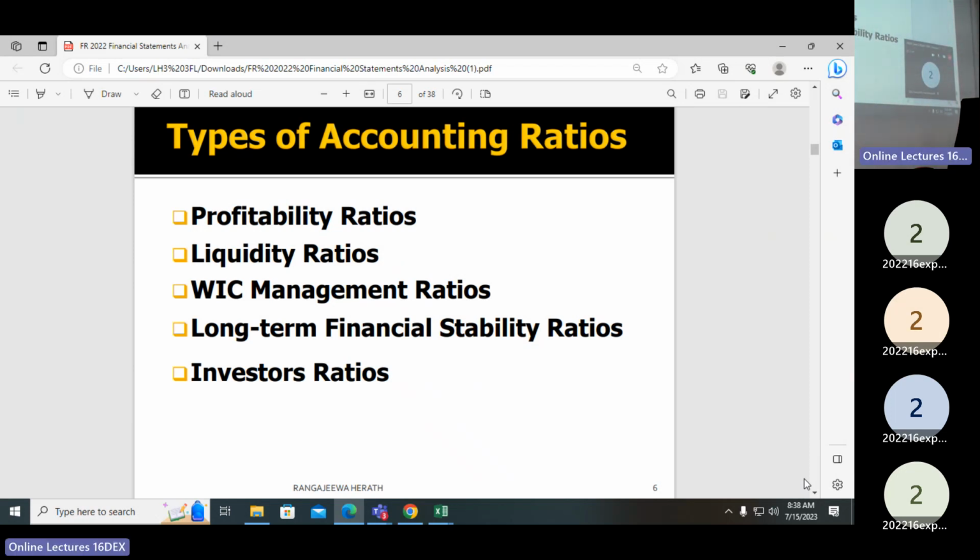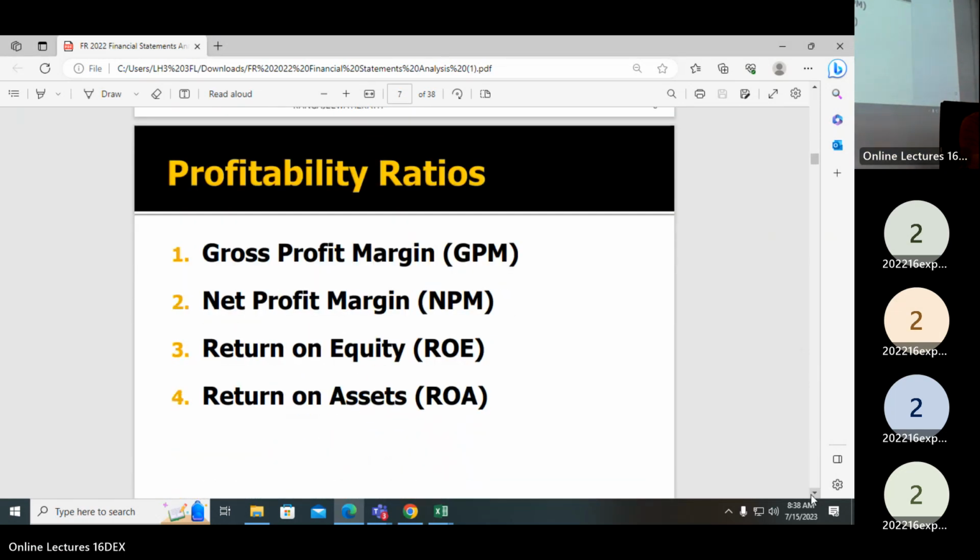From that, we started with the profitability ratio. Profitability ratio measures profit earning ability. There we discussed four ratios: gross profit margin, net profit margin, return on equity, return on asset.